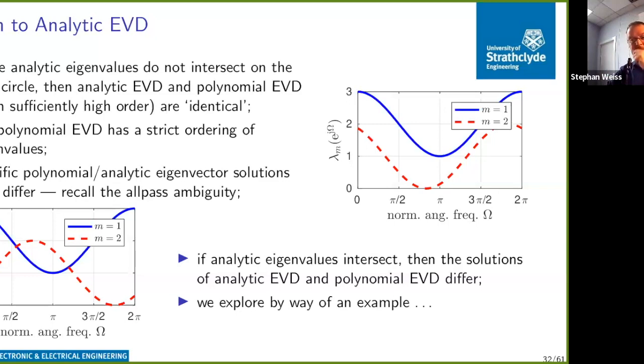And if you now demanded spectral majorization of these, then on some interval here, roughly between pi/2 and perhaps, not sure what this is, but my mouse points there, in this interval we should actually interchange the two eigenvalues such that the top eigenvalue always has the highest power and the second eigenvalue the lowest power. So in this case, the analytic and the polynomial EVD are going to differ.